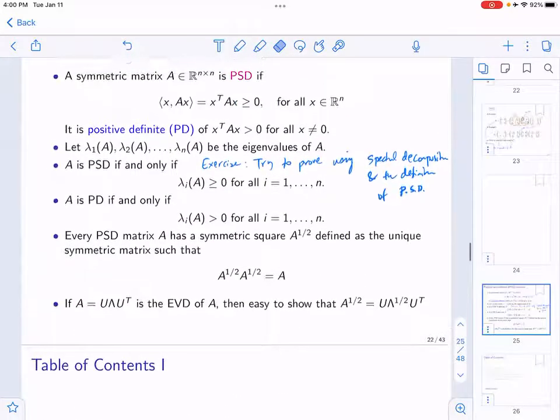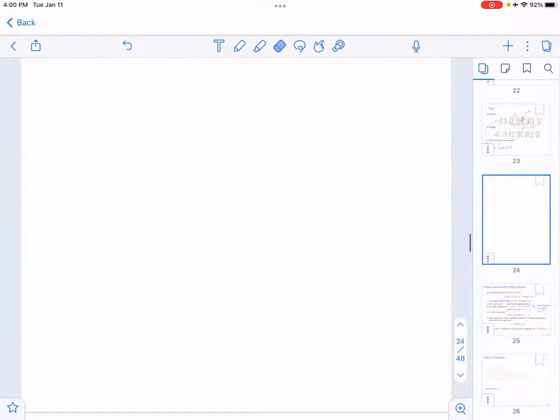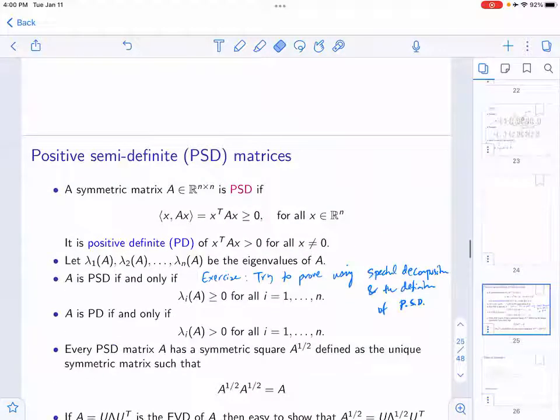One last point is that these PSD matrices are like positive numbers. I mentioned that they're a little bit different. Things are a little bit more subtle. Matrices that have all the elements non-negative are not the matrices that act like positive or non-negative numbers.